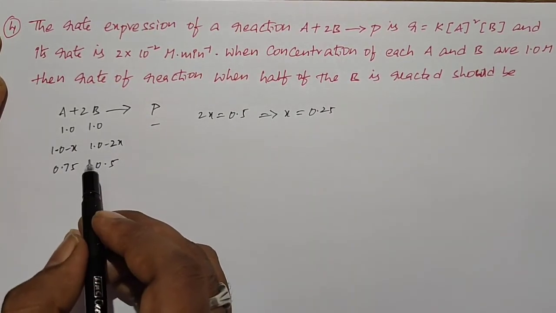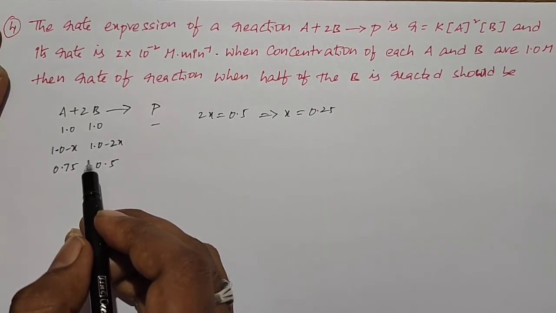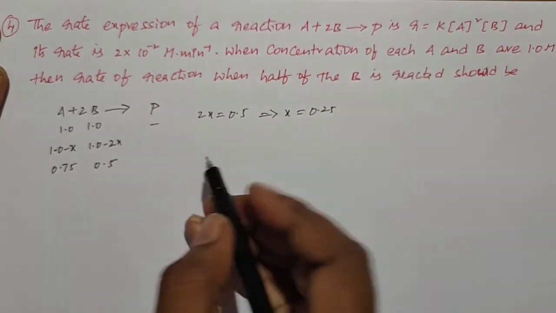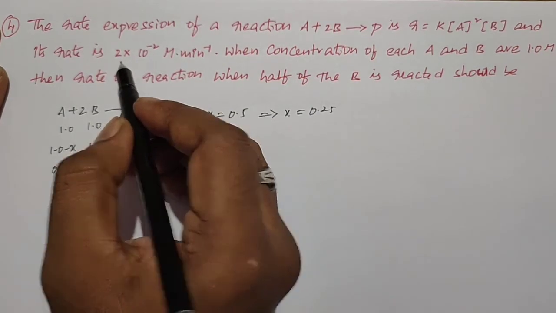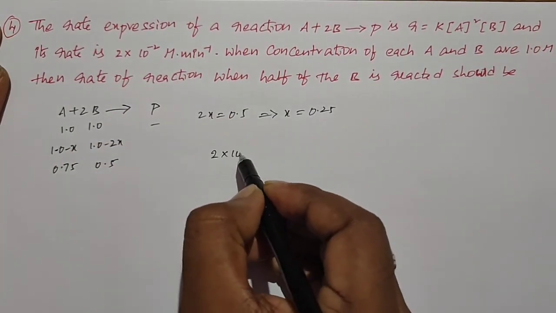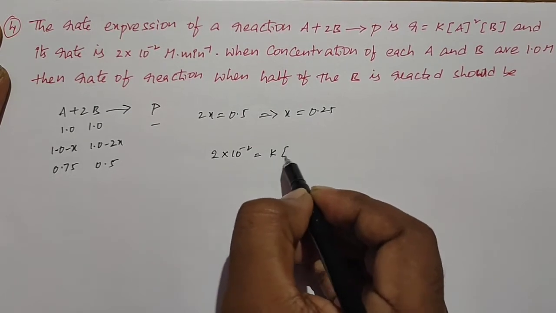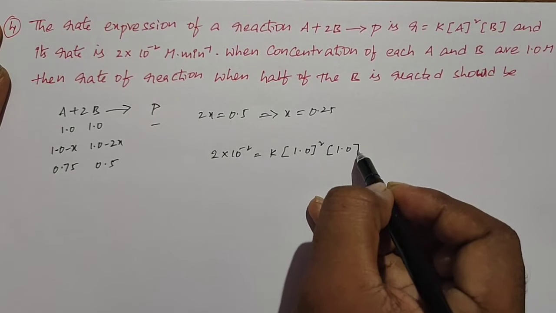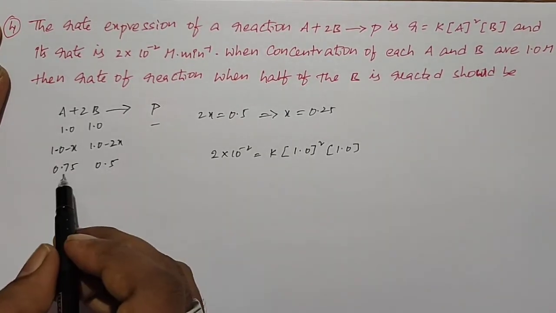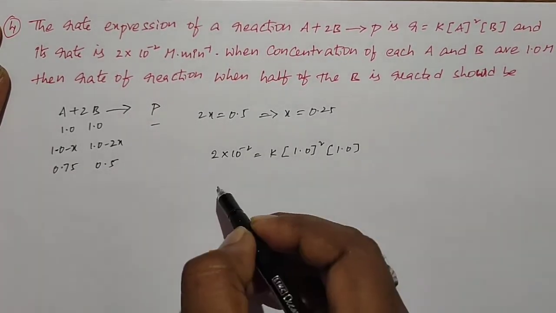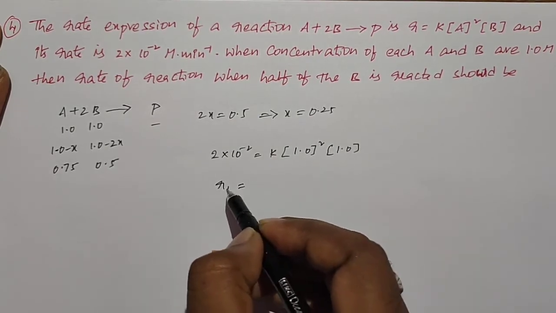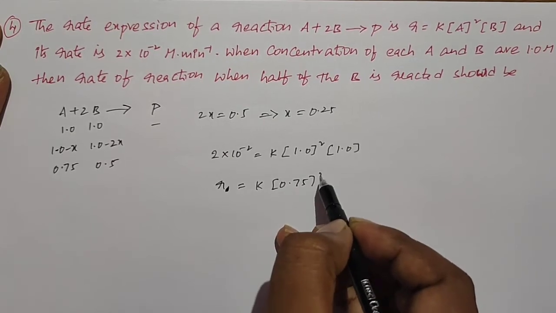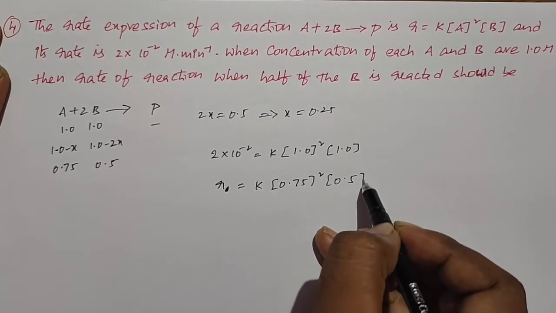Then I take the rate at two sets. First I take the rate based on the given information. The rate is 2 into 10 power minus 2 when the concentration of A is 1.0 and the concentration of B is also 1.0. Now I take the second set, that is R is equal to k into 0.75 whole square into 0.5 whole power 1.